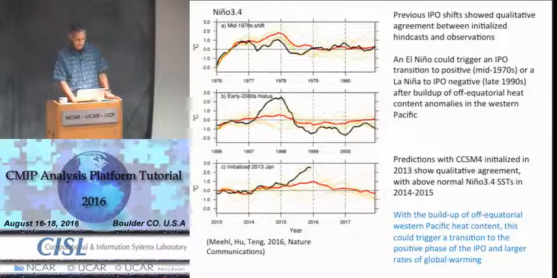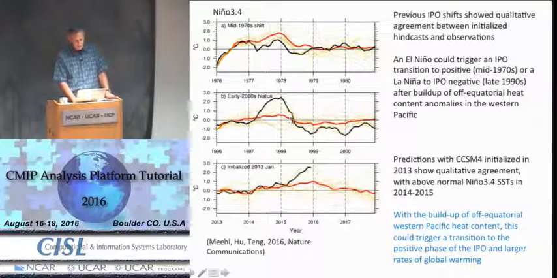Here's the early 2000s transition. The model initialized here in January of 1996. Here's the ensemble average from the model, the 10 ensemble members. Of course, the observations had this huge El Nino that was actually still within the envelope of the ensemble members of this particular model.